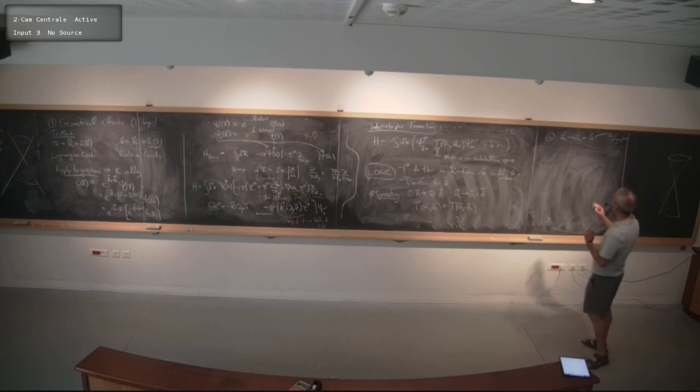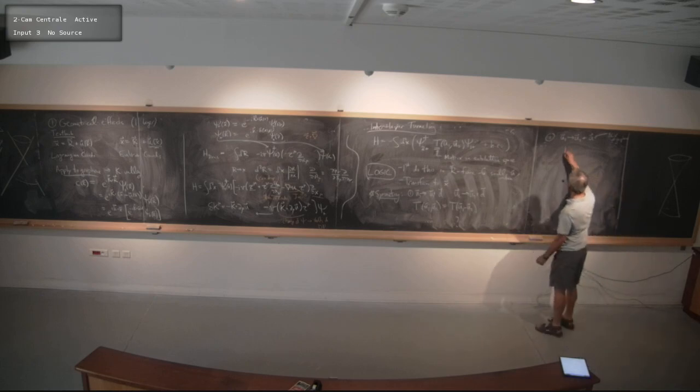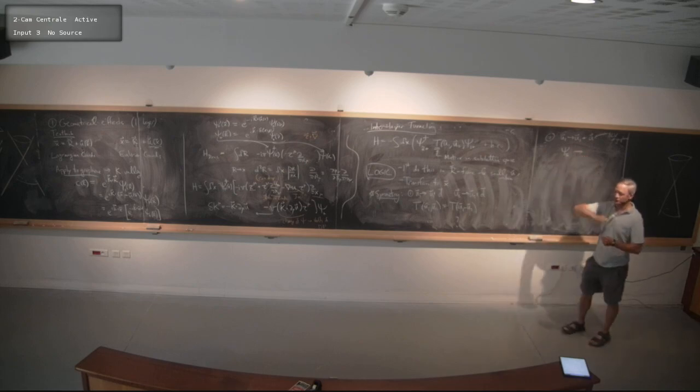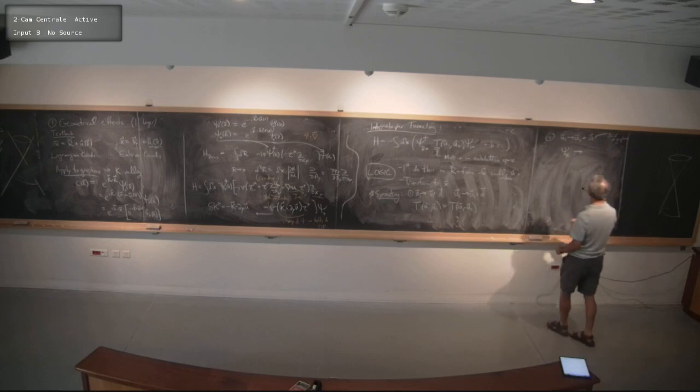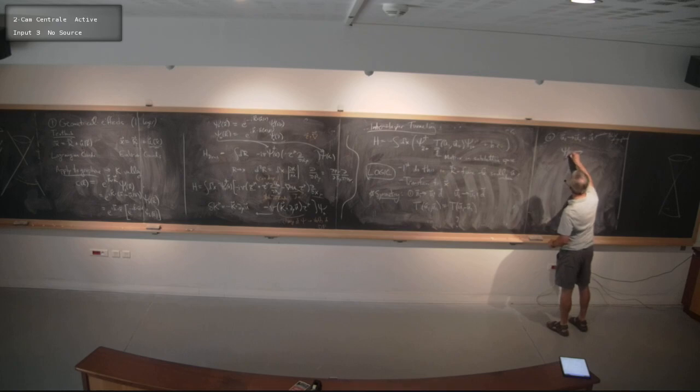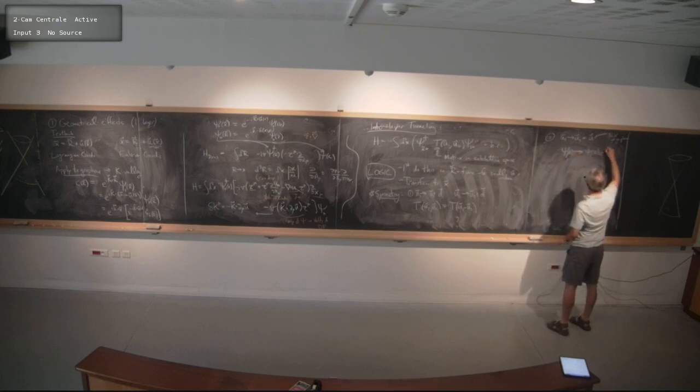Basically, because it's a displacement, the displacement shifts the coordinate by x, and so under that displacement, let's say psi 1 shifts by e to the I k dot a.